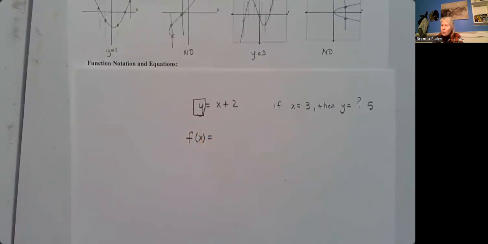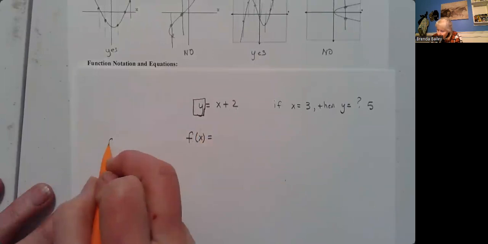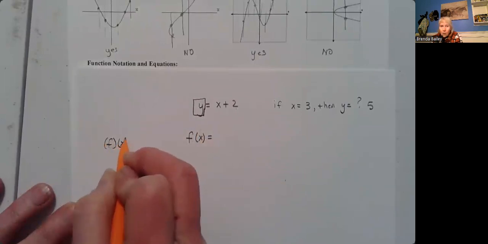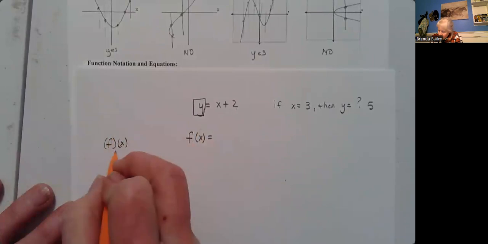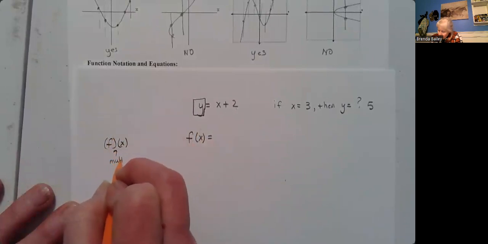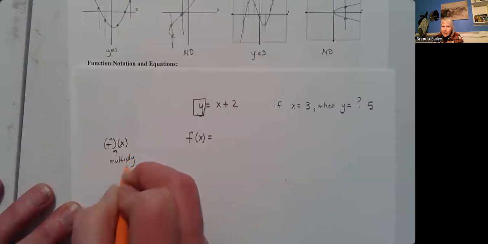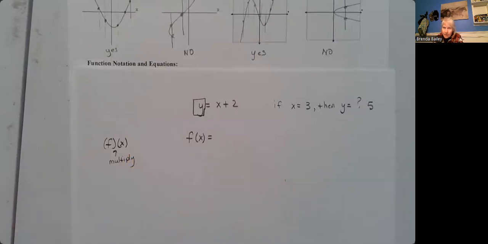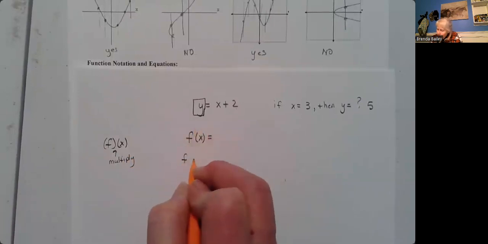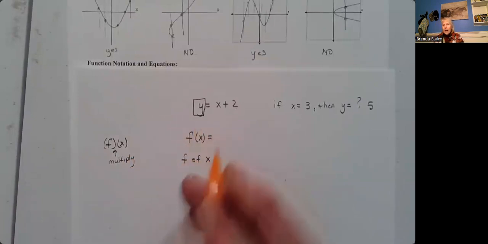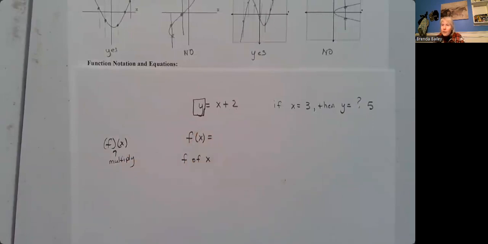So we kind of changed the rules, because we always used to say when 2 variables are next to each other, then you multiply them. And now all of a sudden we're changing the rules. So if you wanted to multiply them now, you would have to put parentheses around both of them. And then you would multiply. But if there's no parentheses around the F, then it is read F of X. And this means that you're dealing with a function.